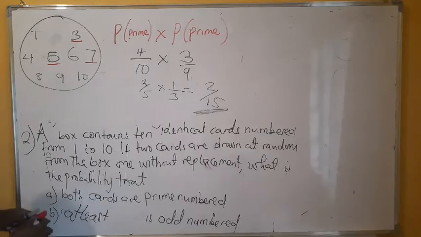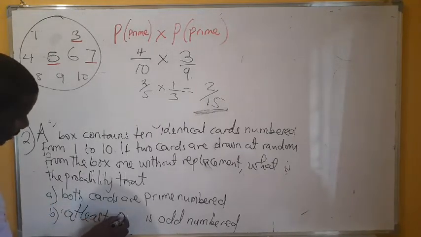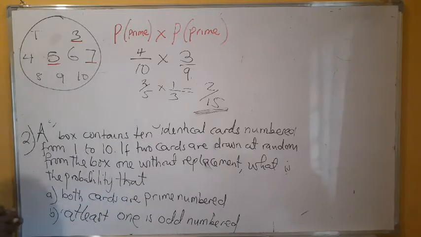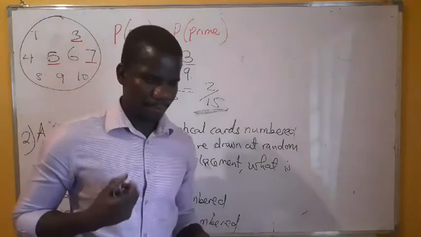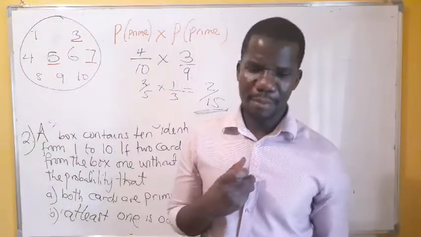At least one odd number. Okay? Now, at least one odd number.